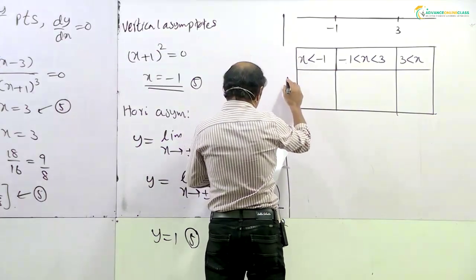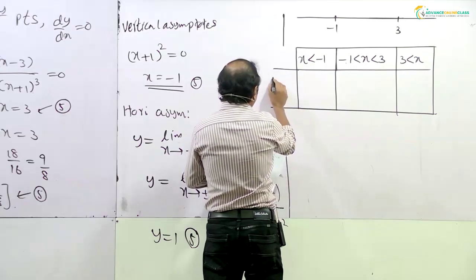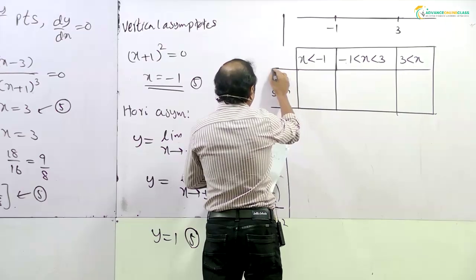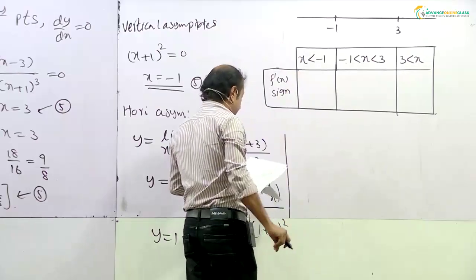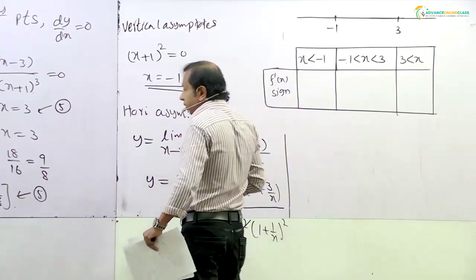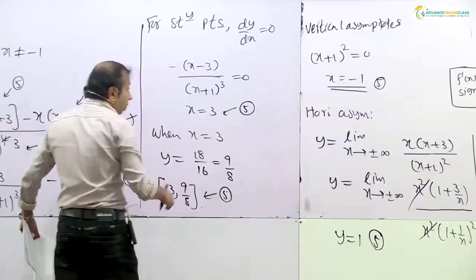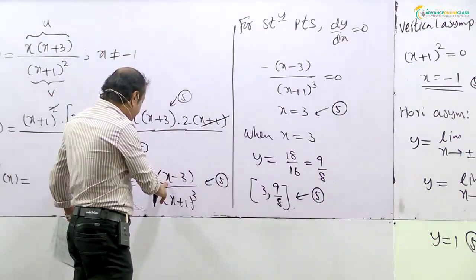We write here the sign of f dash x. In the interval x less than minus 1, f dash x is this, no? Put a value less than minus 1, like minus 10.